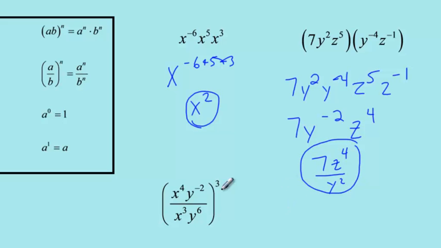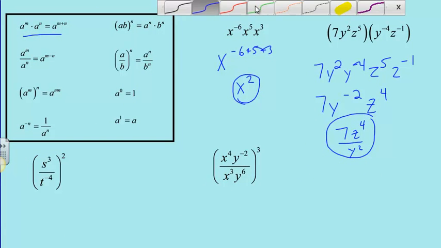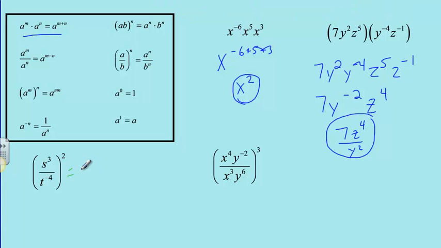All right. Over here we got two other ones. These look crazy because they're fractions. Everybody loves fractions. They're personally my favorite, but we'll go through and get you used to them. Here we have s cubed over t to the negative 4th, all squared. Well, when I see that, I'm going to distribute.